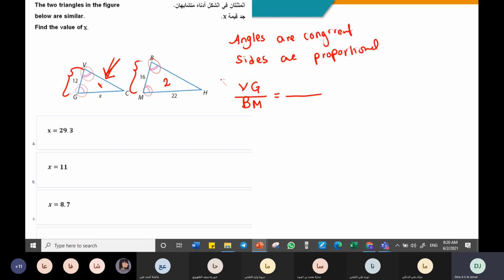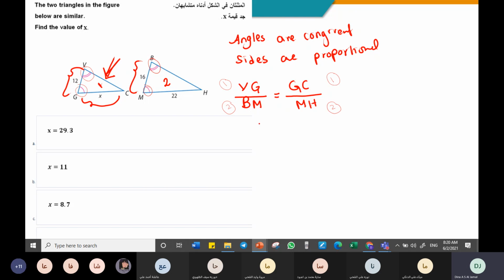Here I started with triangle 1, then I went to triangle 2. Here I will go from 1 again to 2. So GC over MH.